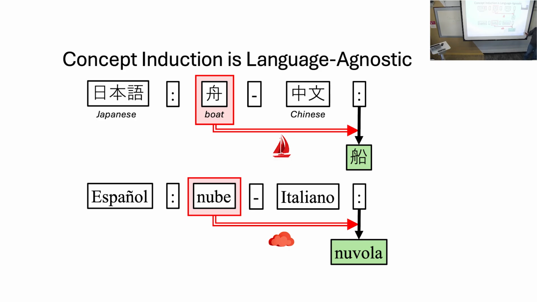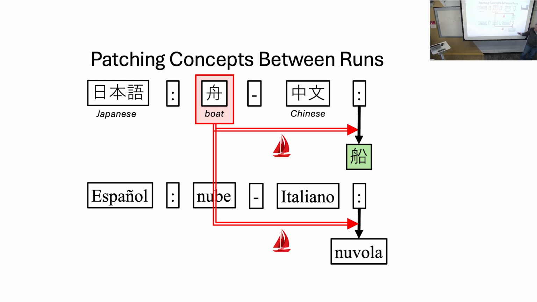If you cut these attention heads and reroute the data that's transported by these attention heads from this sentence to that sentence, and then you let the model run, then instead of saying nuvola, it says vaca. Isn't that bizarre?